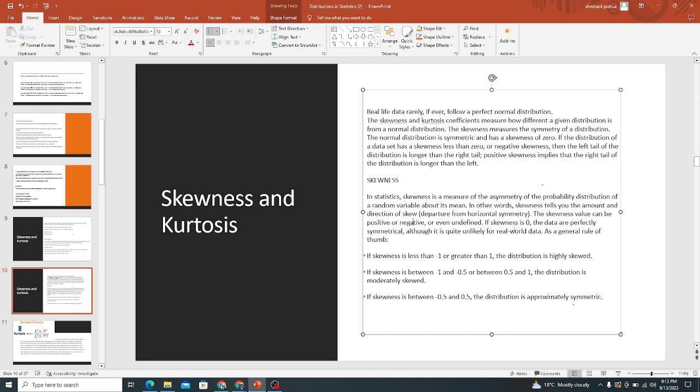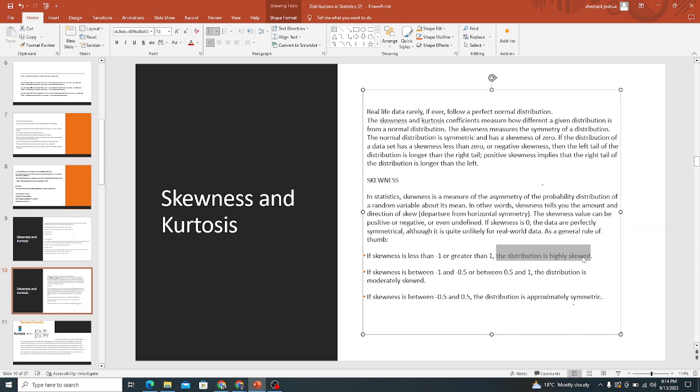If skewness is 0, then the data are perfectly symmetrical, although that is quite unlikely for real world data. As a general rule of thumb, if skewness is less than -1 or greater than 1, then we usually say the data is highly skewed.